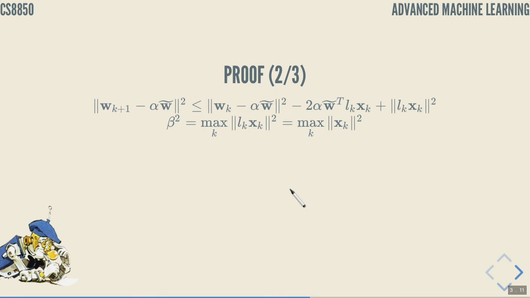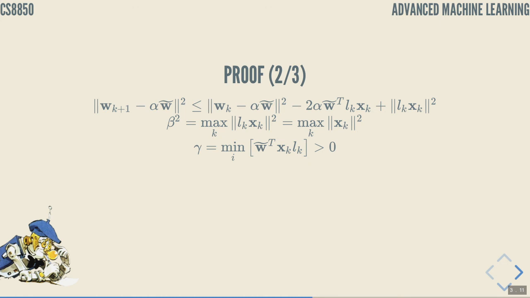I guess any pattern vector would be simpler to think about, since the label is just a sign, plus or minus. It doesn't matter because we're squaring. That's why we drop the label. So beta squared is the maximum norm of a sample.